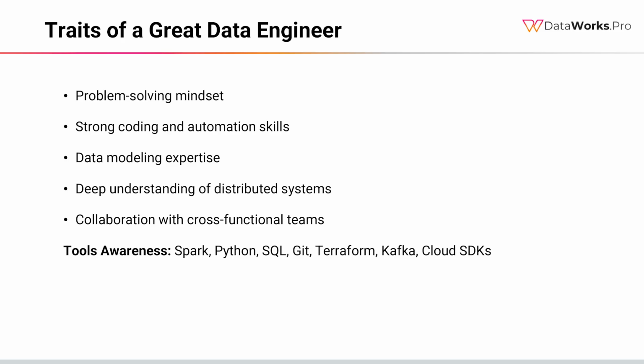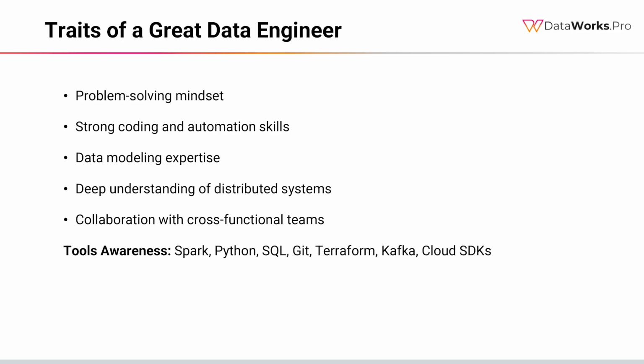You must be aware of at least one programming language, as an example Python, and one data query language like SQL, and some small automation scripts. Next, data modeling, how data should be arranged and stored, whether in the database, the data warehouse, or object storage.